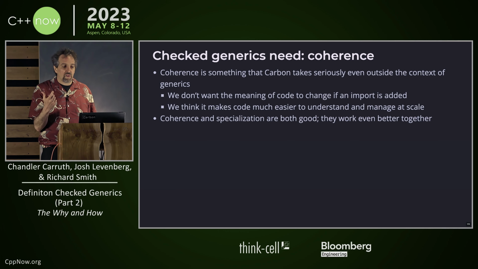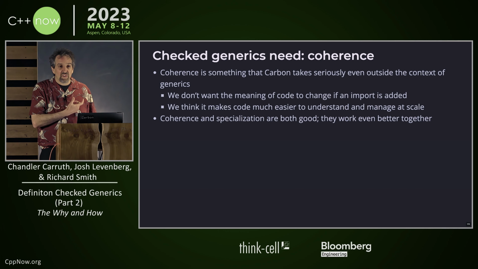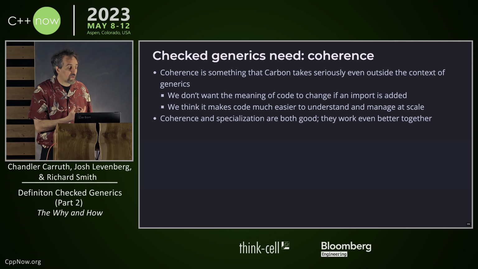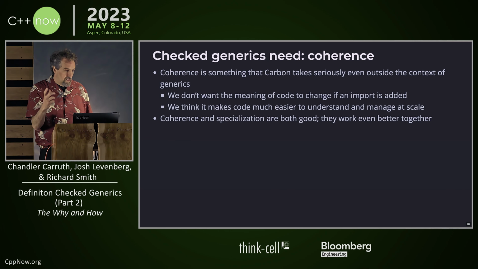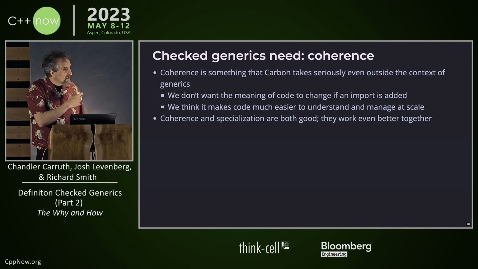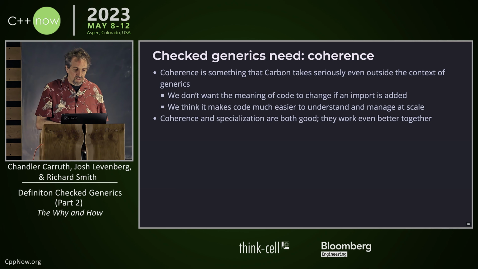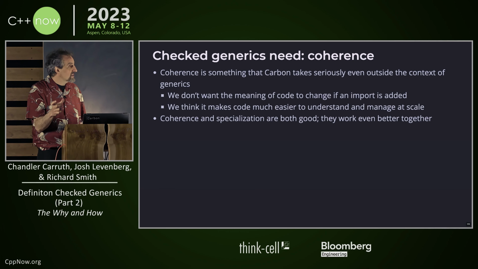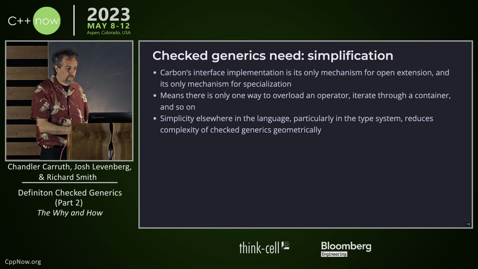This is very important, in our belief, for scaling up your code, with lots of developers working on very large code bases. We really want that consistency so that you don't need to get that local context to understand what something means. And coherence and specialization: individually good, even better together.